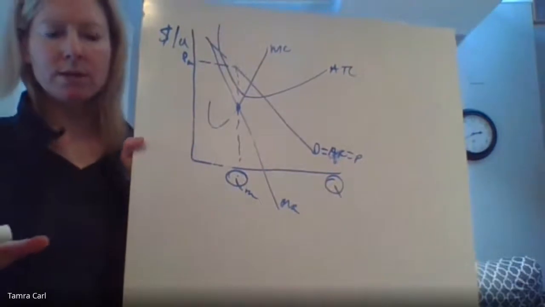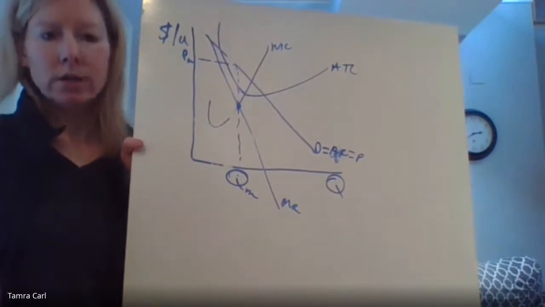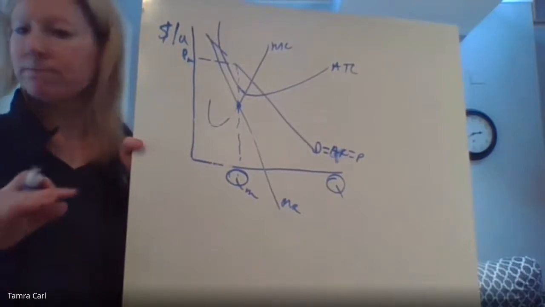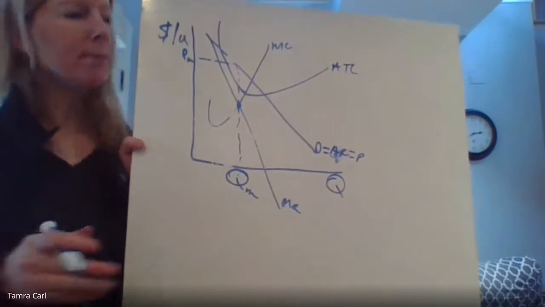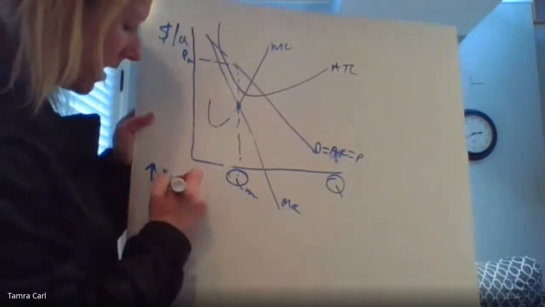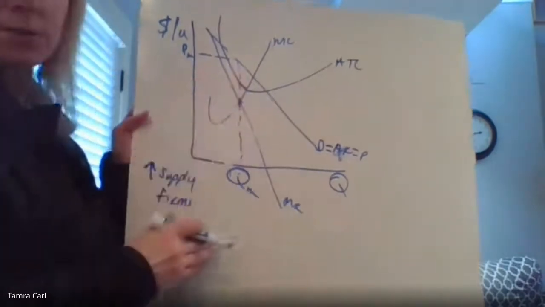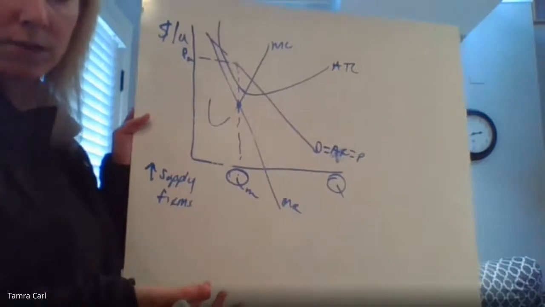So, things that they would ask about monopolistic competition. One, what happens in the long run? In the long run, you still have ease of entry and exit. And so therefore, firms in this case would enter into the market. They're not going to make you draw it. Maybe they'll make you explain it. So what happens here is that there would be an increase in the supply of firms, right? When firms enter into this industry, that means there's more places for me to shop.